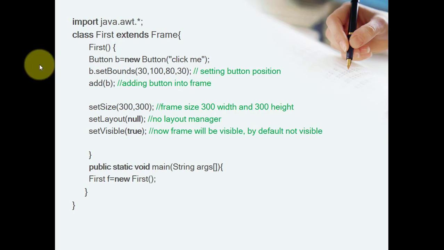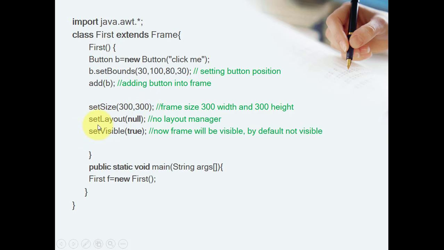Then after setting a position, you have to add that component on a frame. The add method is available, so you can call add and add the component, that is object b. So you are adding a component on a frame. After that, you have to set a size for your frame, using setSize 300 by 300, the height and width of your frame.